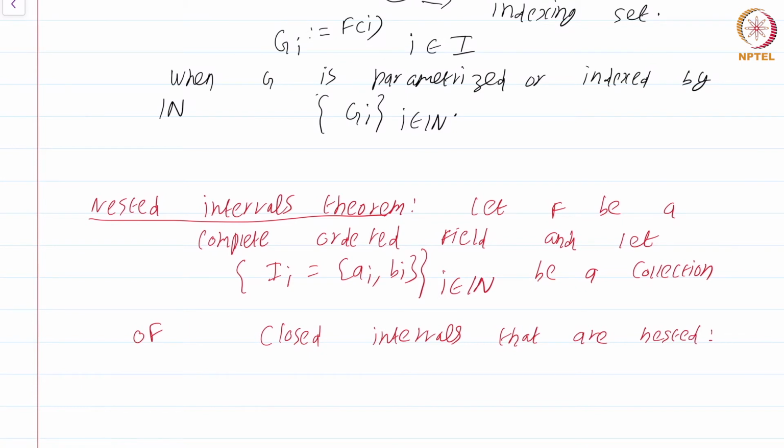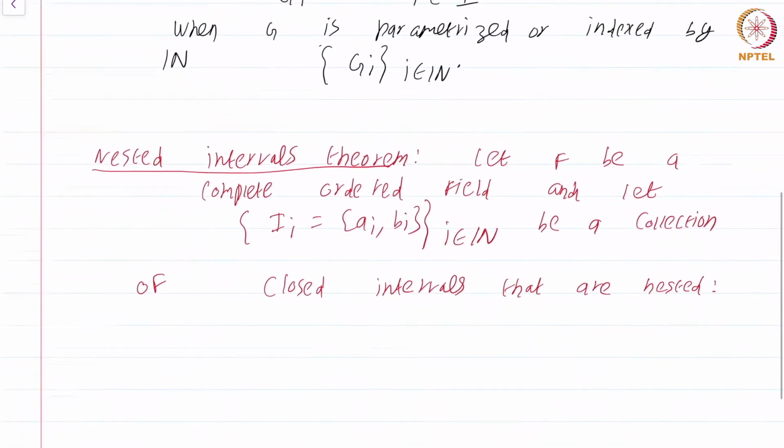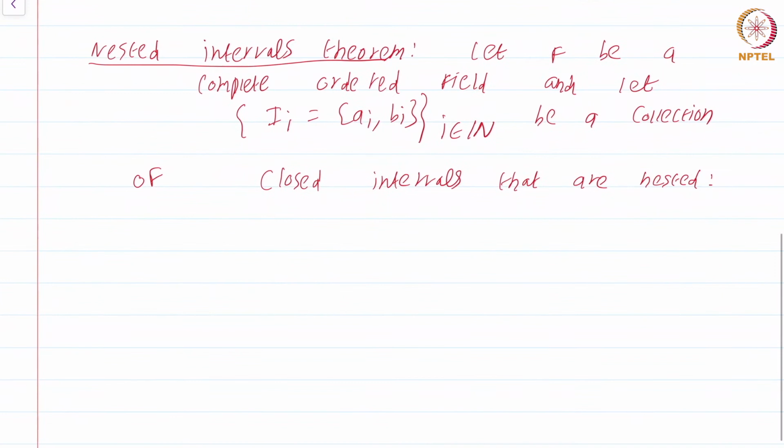What do I mean by nested? What I mean is for all j in N, I_{j+1} is a subset of I_j. That's what I mean by nested.